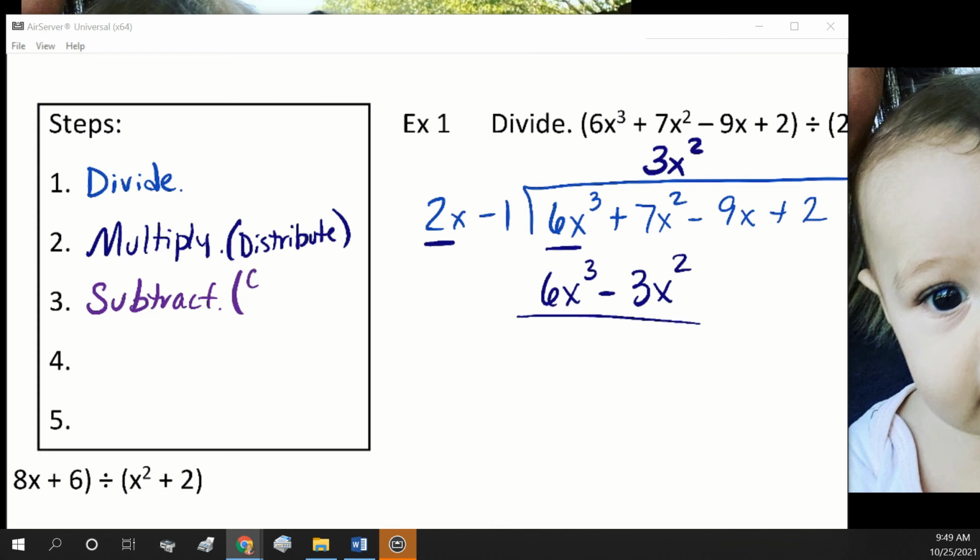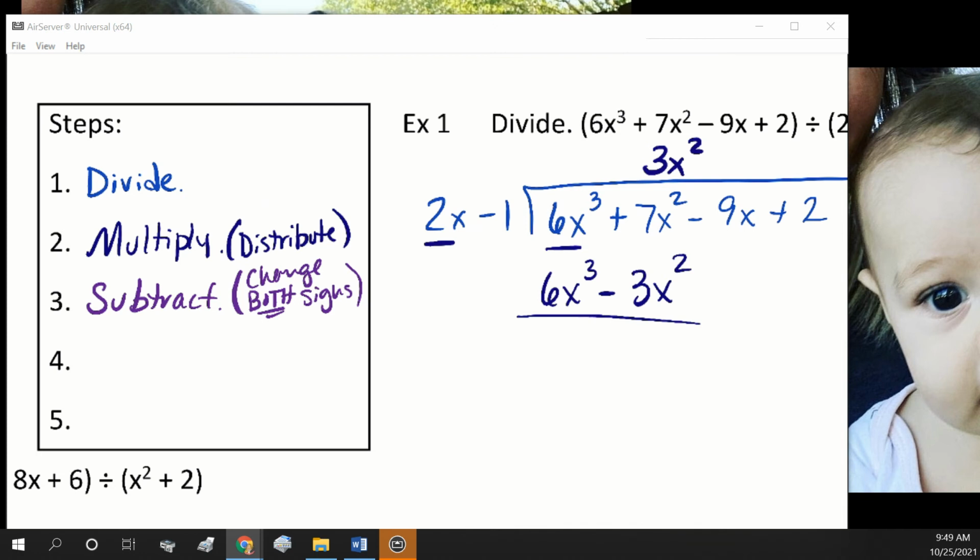So we're going to have to make sure we change both signs. Right. So we're going to subtract this 6x cubed, but we're also going to subtract negative 3x squared.